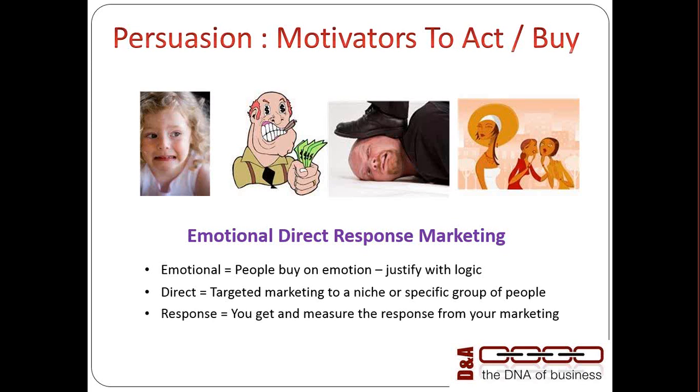And response: that's why people often answer that they don't know what sort of return they're getting on their marketing. They just put the message out there and are not looking for some kind of response or something they can measure to know how effective that marketing is. Big mistake, blowing all your money.